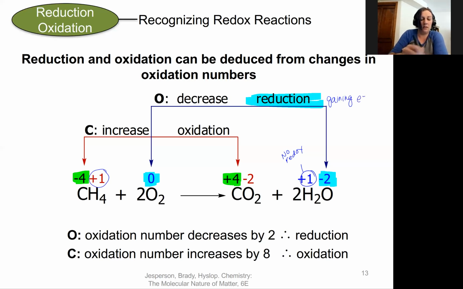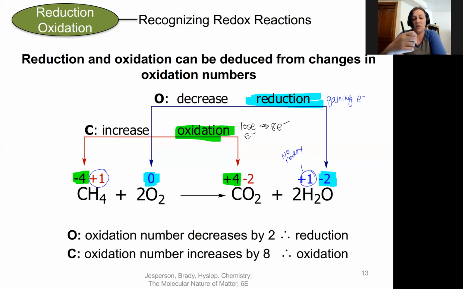And our carbon atom is increasing its positive charge. And so it's being oxidized. It's going from -4 to +4, and it's going to lose electrons to do that. The carbon's actually losing 8 electrons when this happens, to go from -4 all the way up to +4.